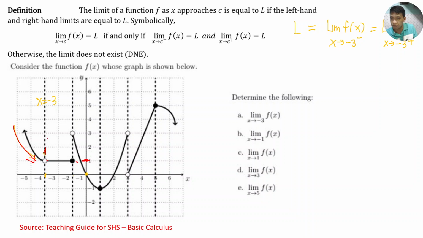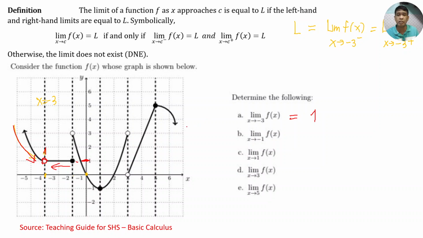Though this is not defined at x equal to negative 3, pero ang value, as we get closer to x equal to negative 3, iisa ang pinupuntahan nilang dalawa, which is equal to positive 1. Therefore, limit of f of x as x approaches negative 3 is equal to 1.